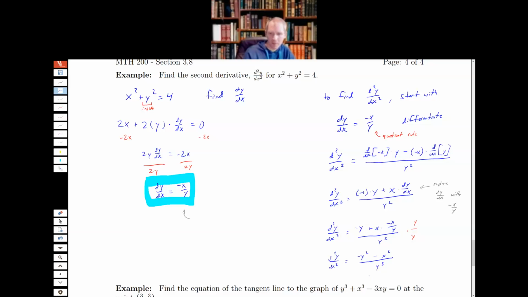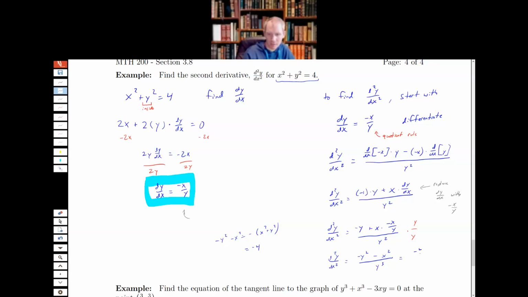Okay. So this is good enough. You could stop here, although it does simplify one step further, because if I look at my original equation, x squared plus y squared is 4. So if I factor a negative out, I'll have negative x squared plus y squared, which is equal to 4.